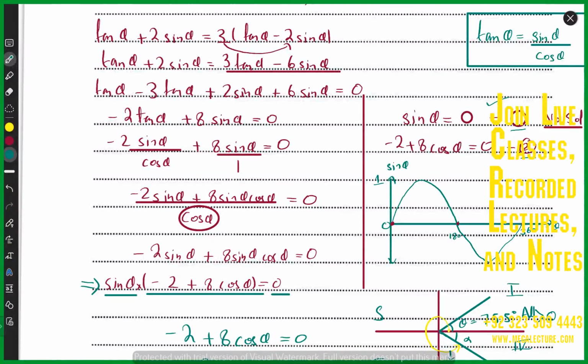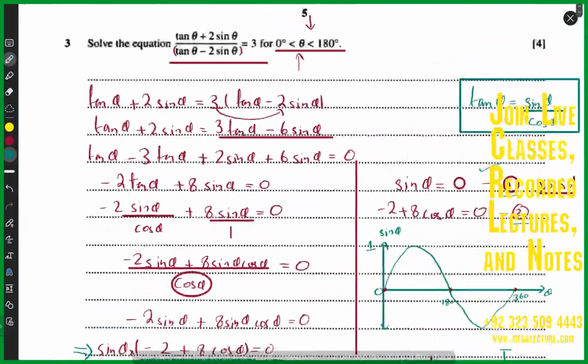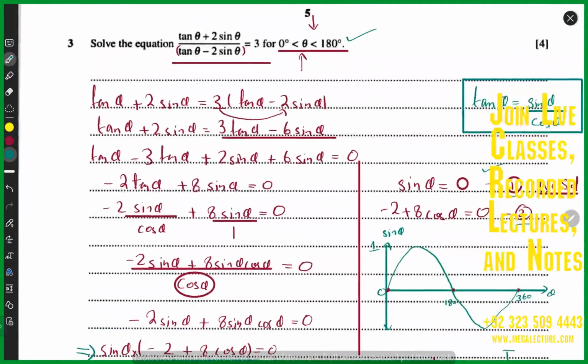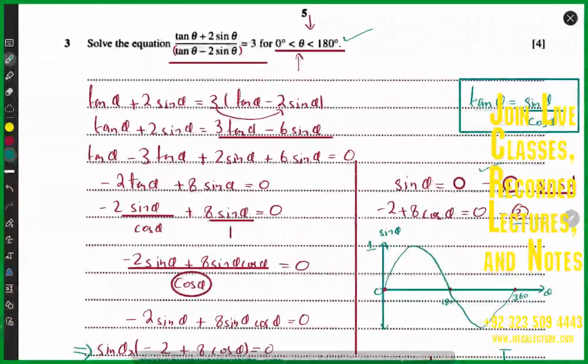If you look at the sine theta, you can clearly see that at 0 degrees, at 180 degrees, and at 360 degrees, sine theta is 0. But all these three angles were not lying in my range. This was my interval for theta, and 0 and 180 are not included, and 360 is certainly outside it. So I did not get any solution from the first equation.